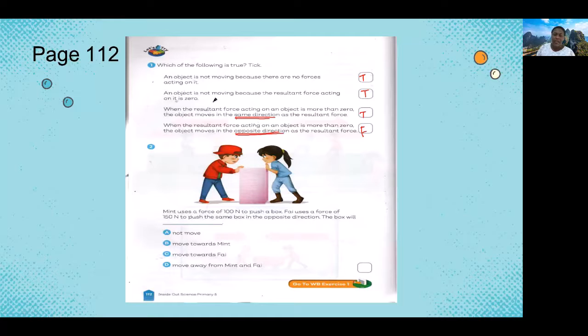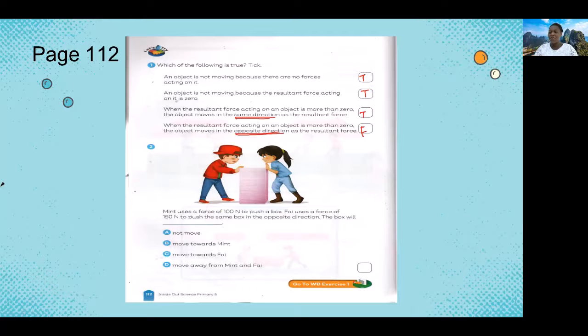When the resultant force acting on an object is more than 0, the object moves in the same direction as the resultant force. You calculate, for example, if the left side is 30 newtons and the right side is 20 newtons.